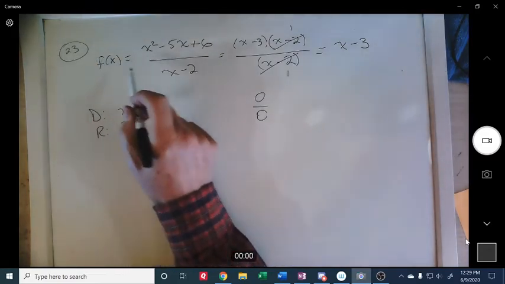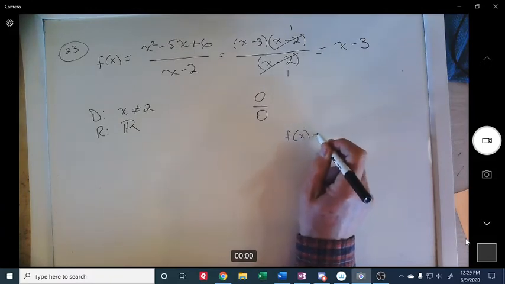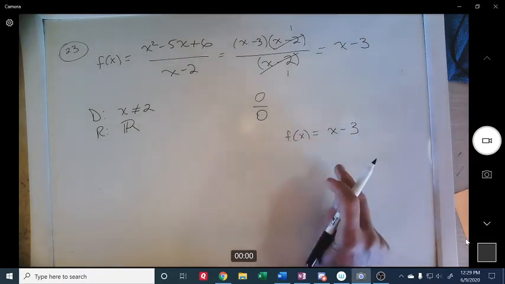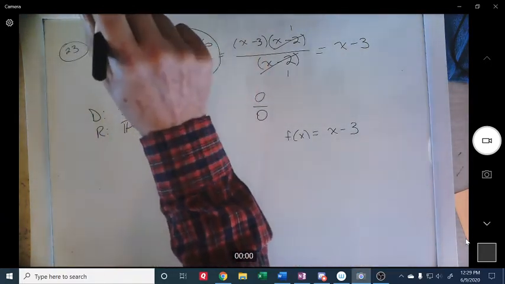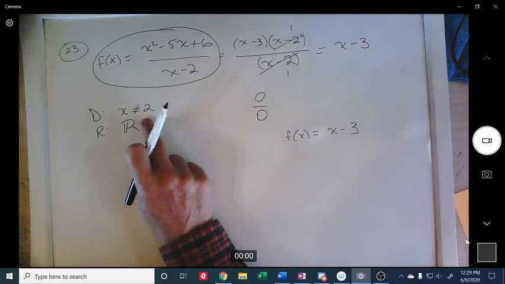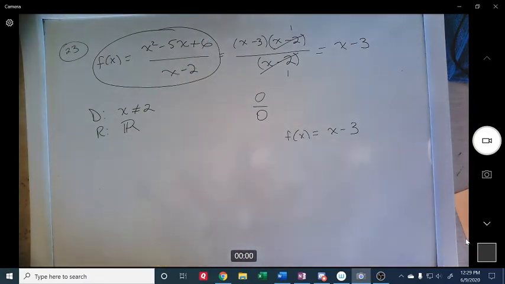This function, though, is really this. f of x equals x minus 3 is the same as this, with the one exception: when x is equal to 2, this one doesn't exist.